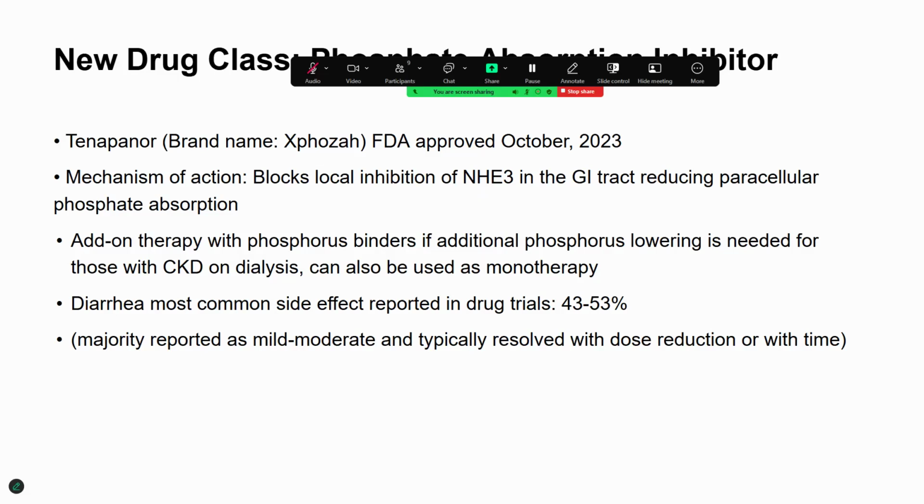We actually trialed multiple patients, and the majority tolerated it, but a couple had to come off it just because of how profound their diarrhea was. Diarrhea is a common side effect. Christina and I actually attended this education, and they said after a couple of weeks it does resolve, but it can be profound and intolerable for some patients.